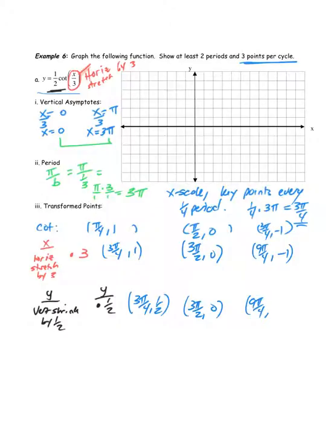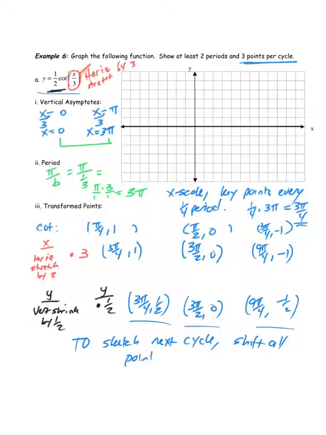And then when we multiply the y value by 1/2, we're going to have 9 pi over 4, -1/2. So these are going to be the 3 points in one cycle. To sketch the next period, just shift everything over 3 pi. So the next cycle, shift all points over by 1 period, which in this case is 3 pi.